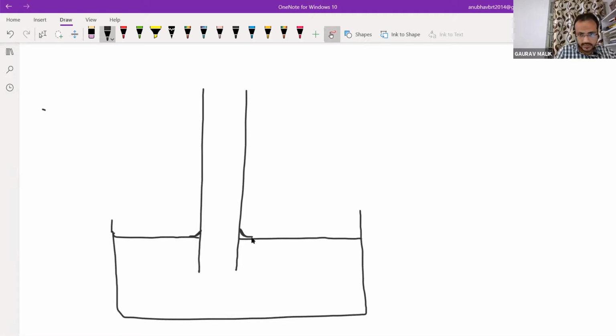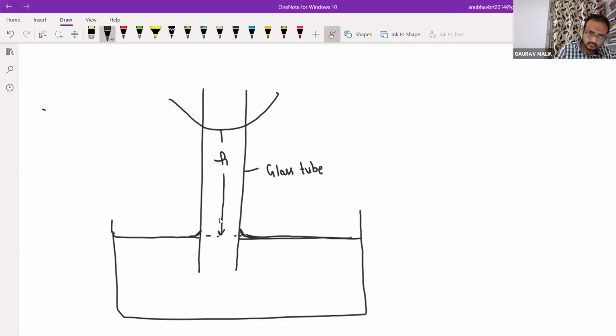Is it correct? It will look like this. This one is a glass tube. The height is h. Along the tangent, this is the angle theta.